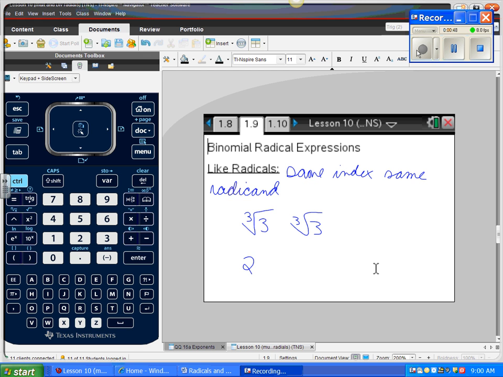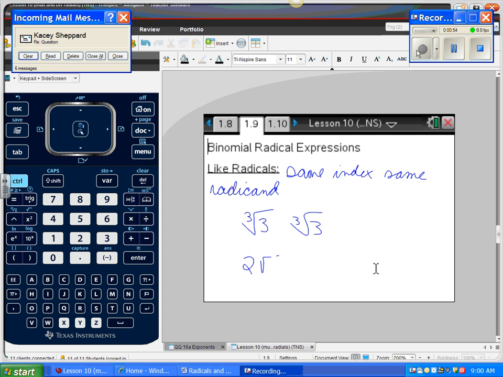Or 2 square roots of 7 and 7 square roots of 7. I don't want to use 9, that comes out pretty. We don't like pretty. Those are all like radicals. Same index, same radicand. They can have different coefficients. That doesn't change them from being like radicals. Okay?